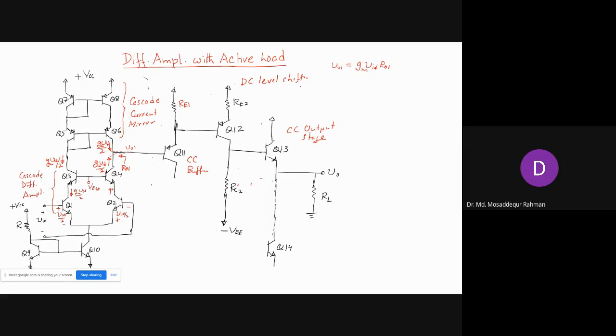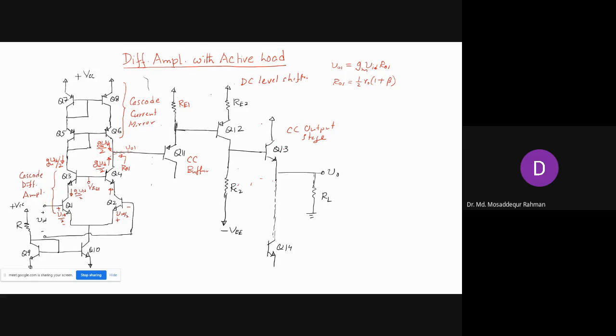Now R01 is the parallel combination of the two output resistances, which was half R0 times 1 plus beta. So it's quite high, and because of this high output resistance, we get a high gain.